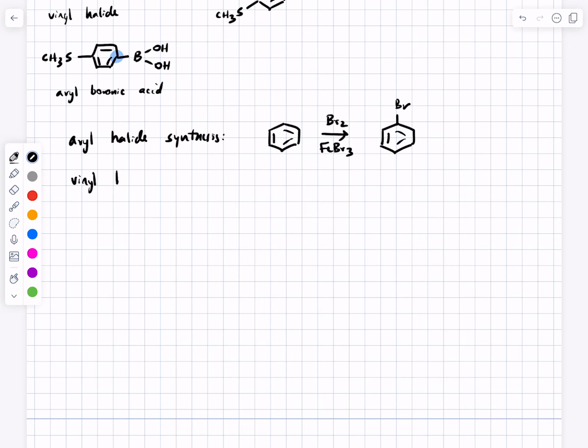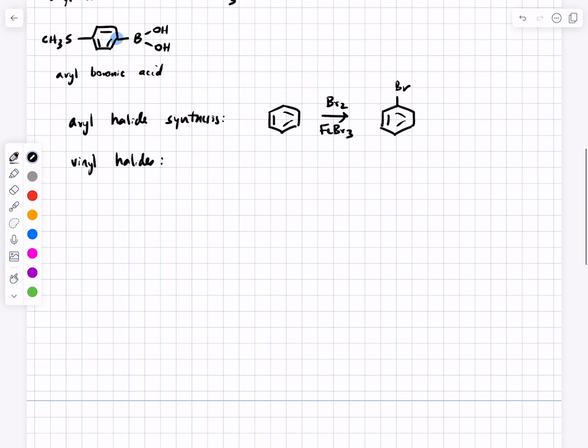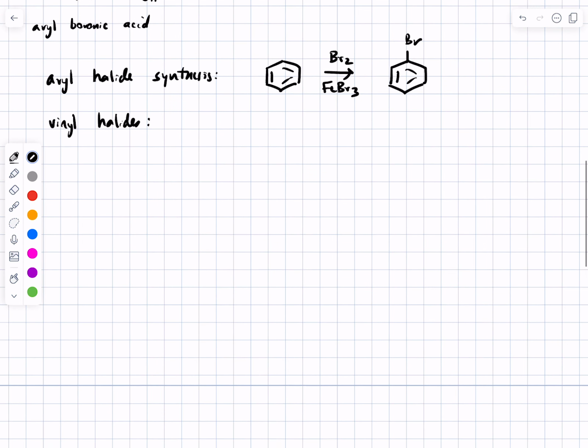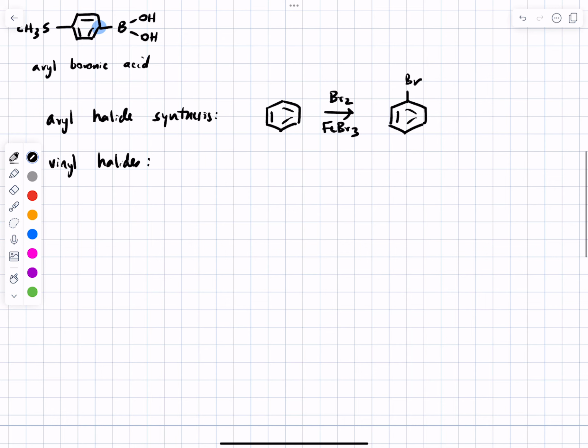Synthesis of vinyl halides can be a little bit more tricky, and you'll need to look at chapter 28 to review that a little bit. Let's say, for example, one of the ways that you can make a vinyl halide is by using some chemistry from 351.